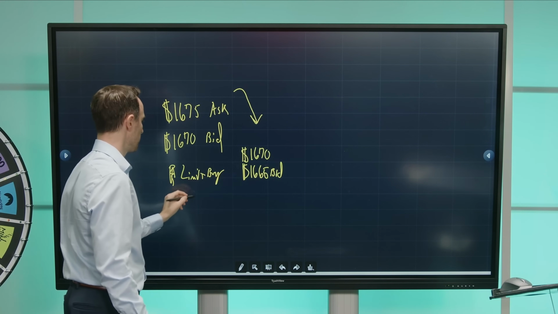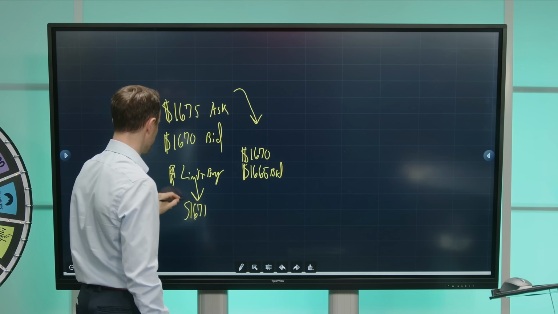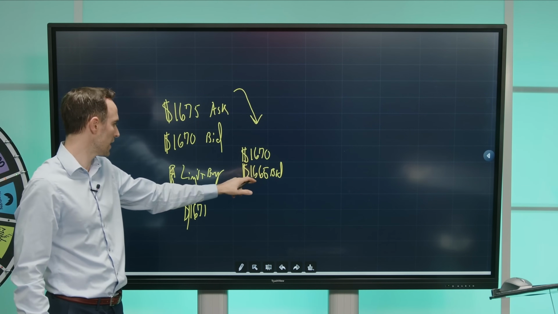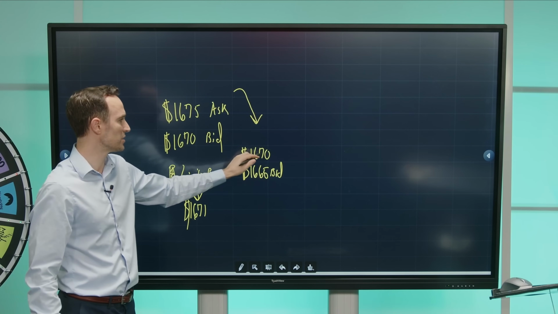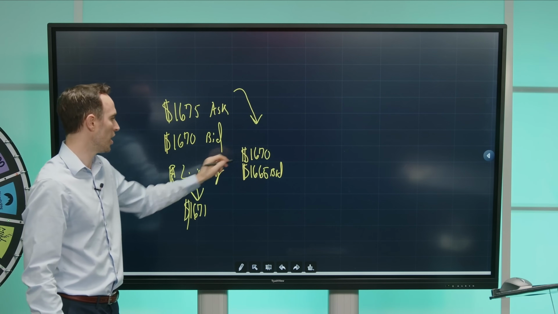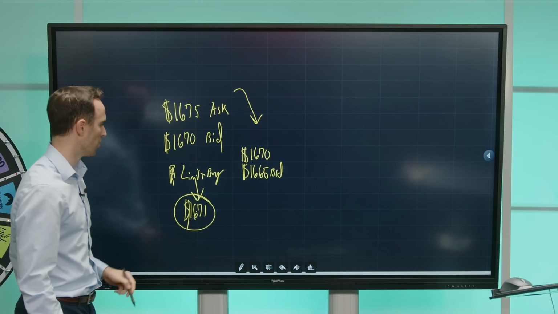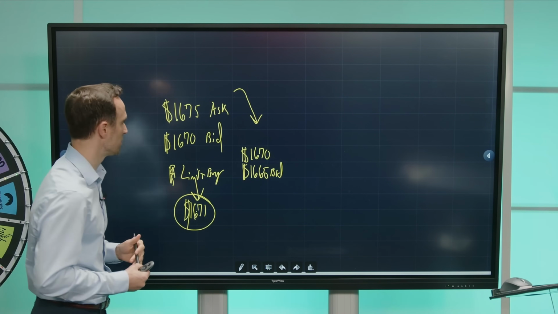And you put a limit buy order in at $16.71. Well, you got filled there. Most likely, you would get filled because the price came down. The sellers are now willing to sell under $16.71. You got filled here at $16.71, most likely, depending on market conditions and the volume that's being traded.